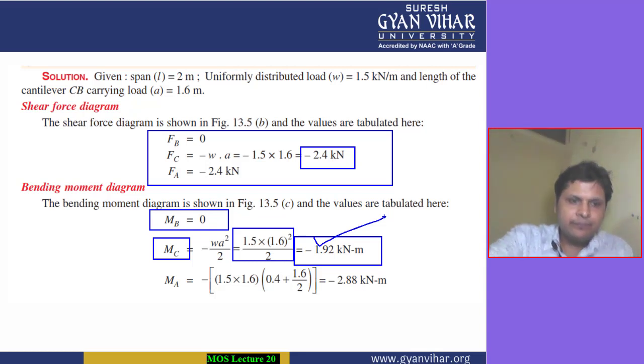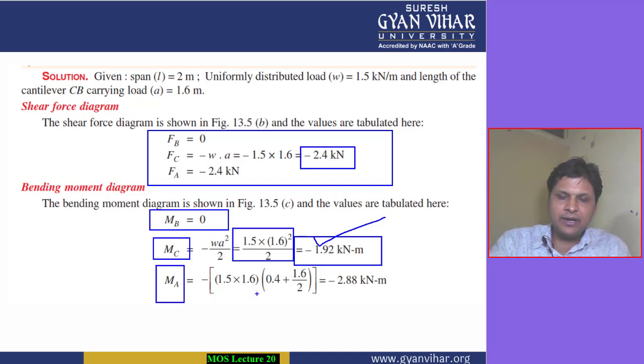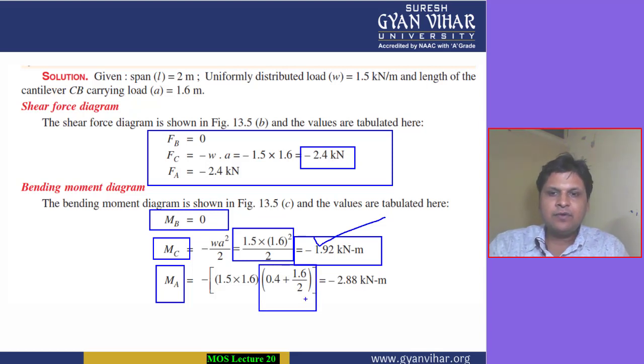And for the bending moment at point A, in the same manner, 0.4 plus 1.6 divided by 2 automatically gives you the value 1.2, which I have calculated. In the same manner you will find the bending moment at A.